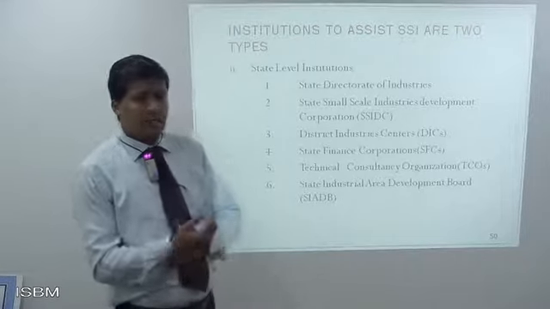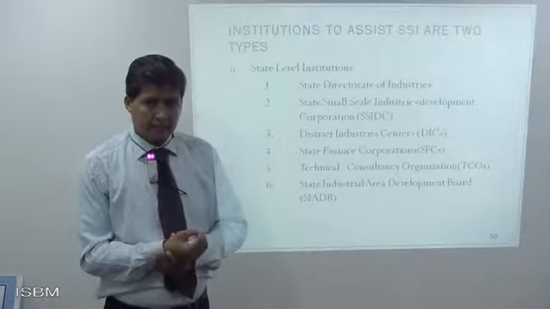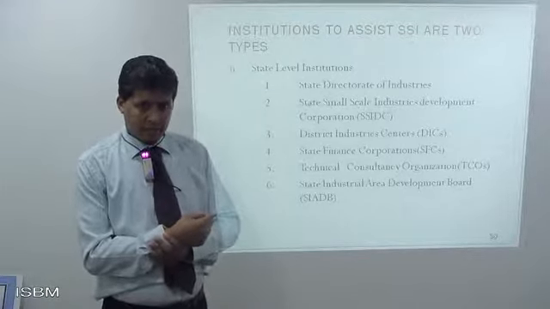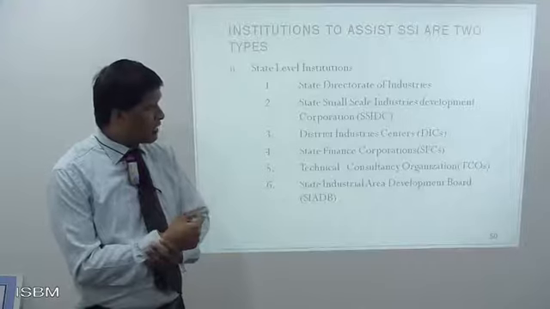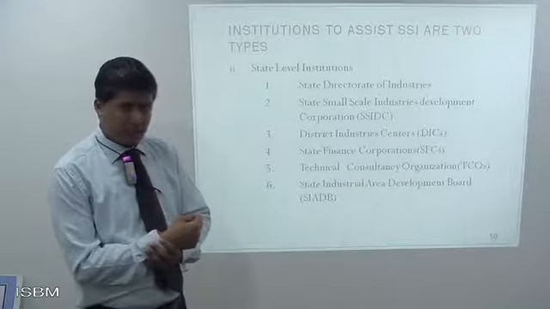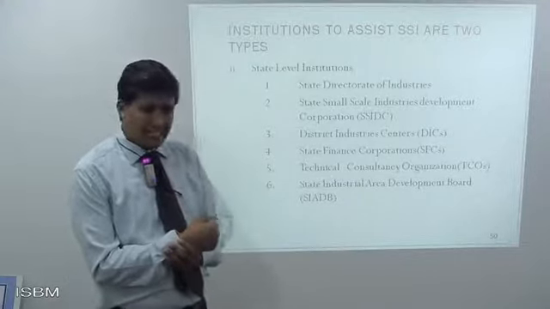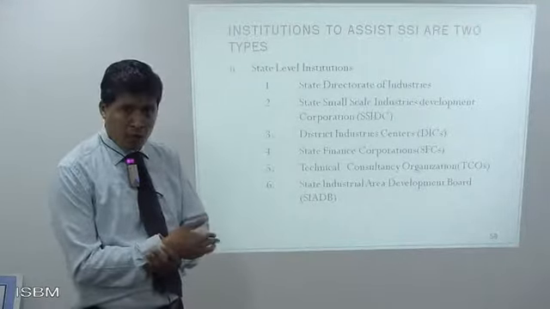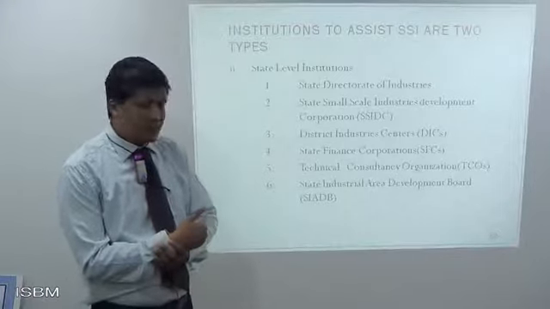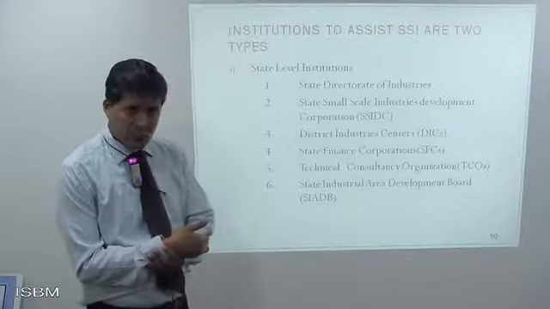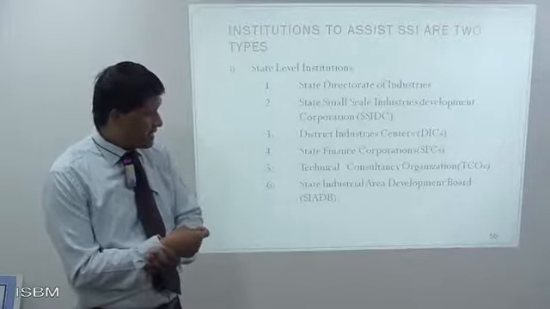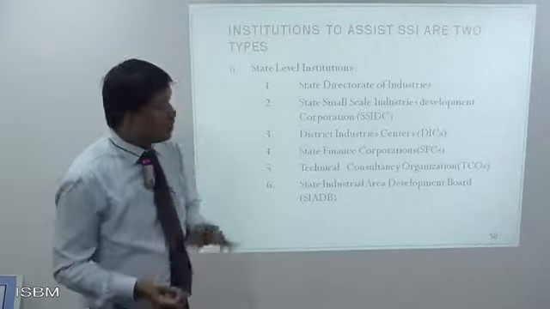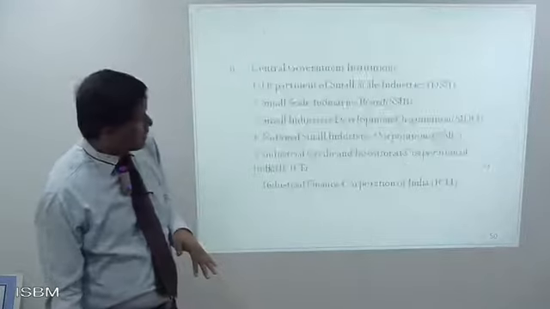So state level institutes that are there are the State Directorate of Industries, Small Scale Industry Development Corporation, SSIDC. We have District Industry Centers, State Finance Corporations, Technical Consultancy Organizations, TCOs, State Industrial Area Development Boards or SIADB. So these are the state level bodies or institutes.